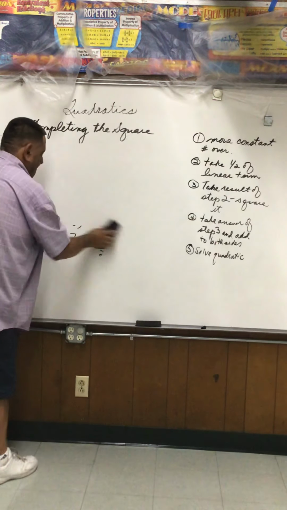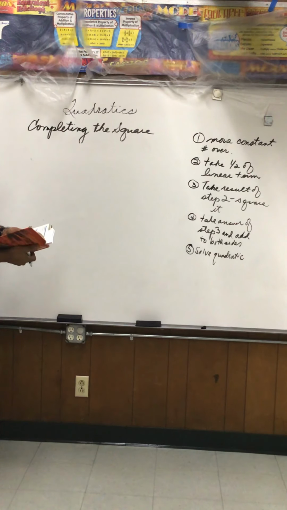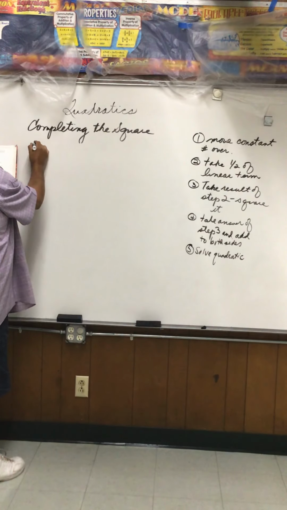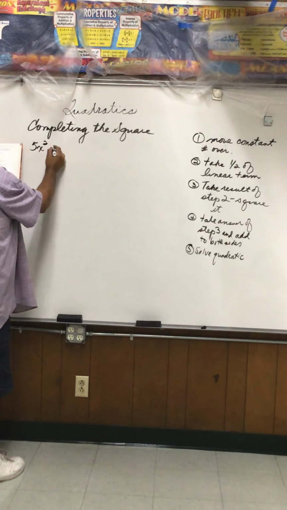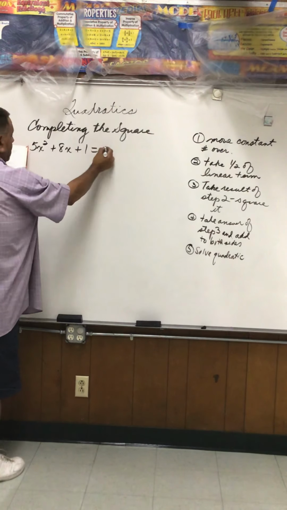Now, one last one that I want to do with you real quickly is, what if we have a problem like this: 5x squared plus 8x plus 1 equals 0.